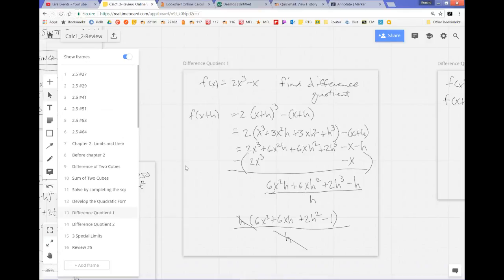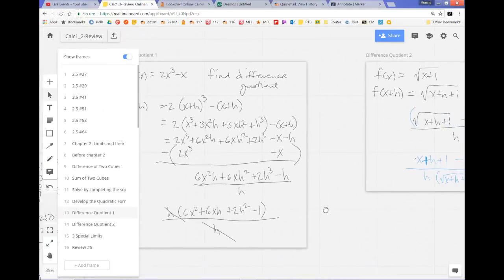Did you have any questions about this first one? Well, so basically you're given a function, and let me write it off to the side.